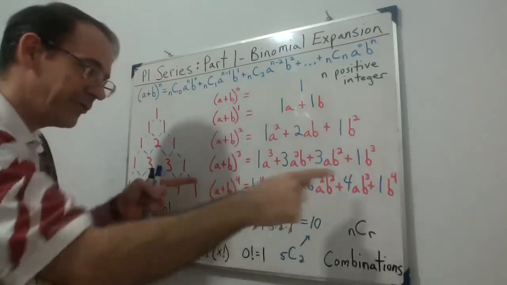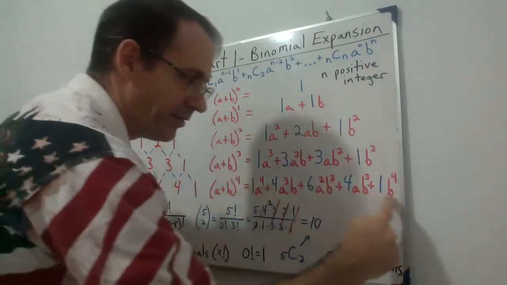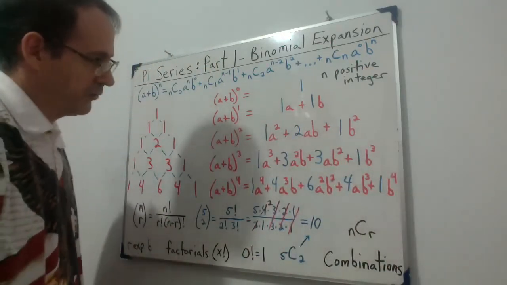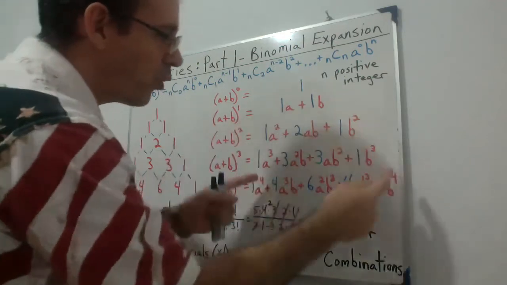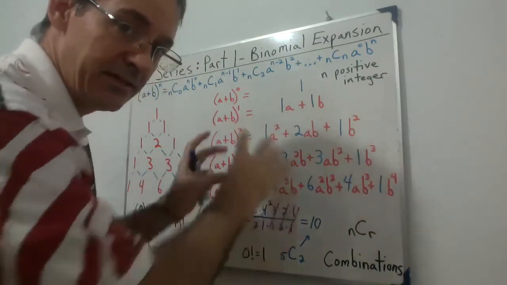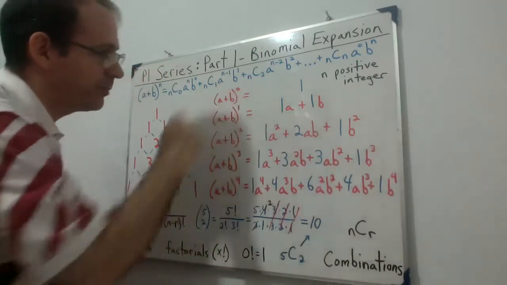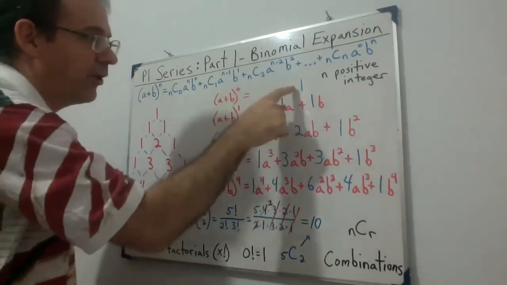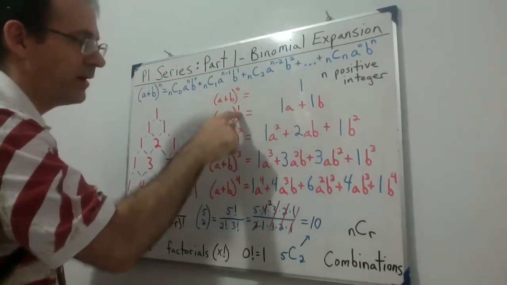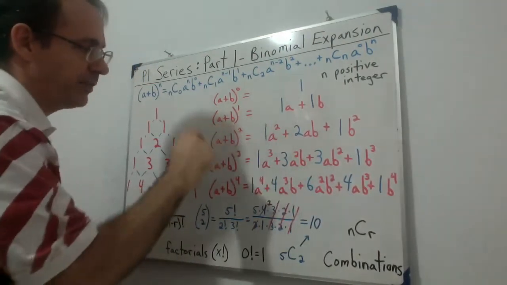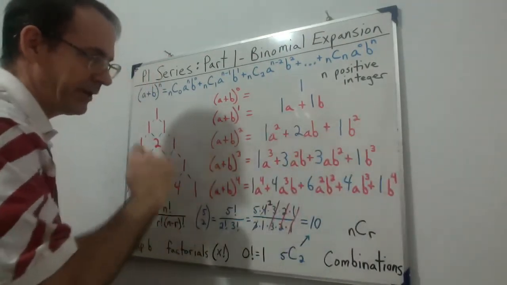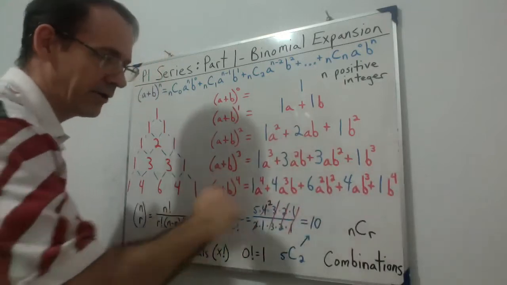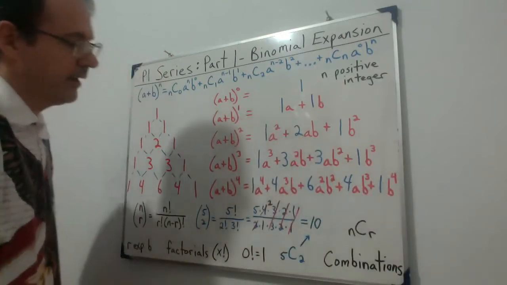And if we went further to the fourth power, this is what we would get. Notice there is one more term in the expansion than what your power is. So here's a 0 power, 1 term. Here's 1 power, 2 terms. 2 power, 3 terms. 3 power, 4 terms. 4 power, 5 terms. Okay?